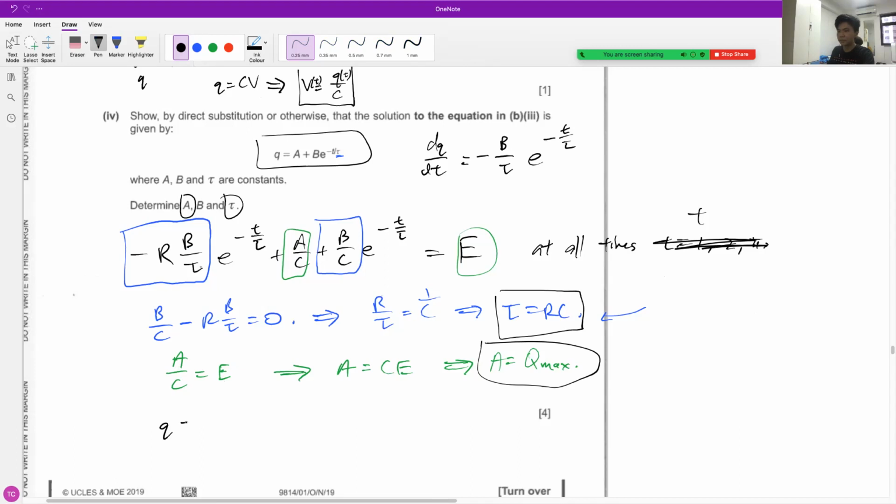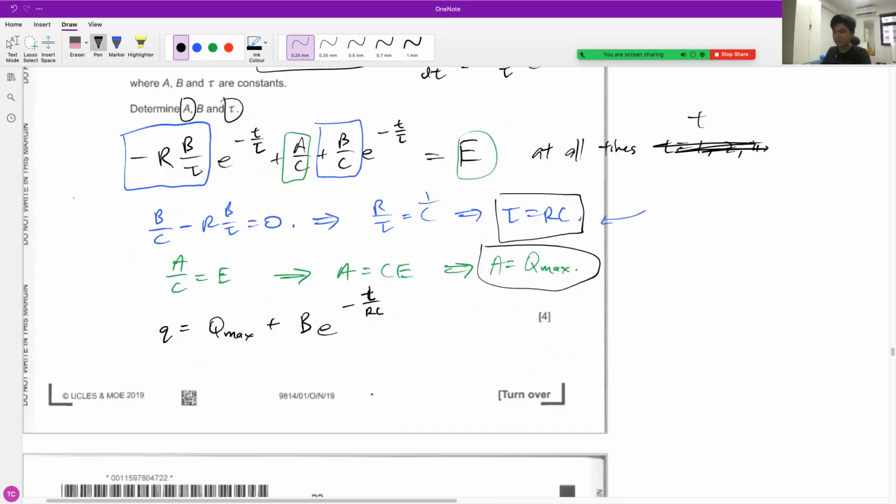Looking at the expression, you have Q max plus B e to the power of minus t over RC. So what is B over here? We need to substitute when time t equals 0. At t equals 0, how much charge is on the capacitor? Your Q should ideally be 0. This is your initial condition for your differential equation.